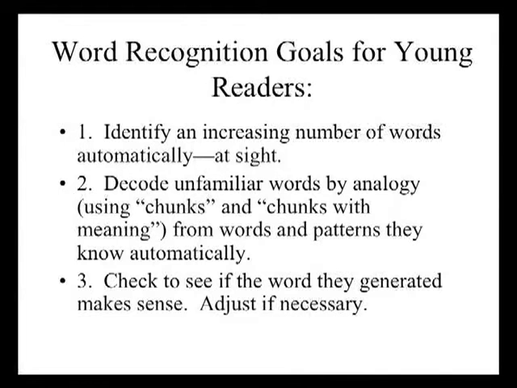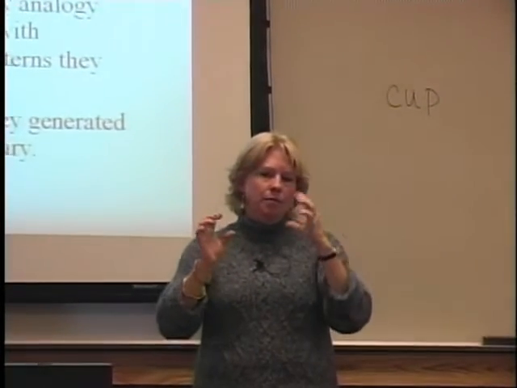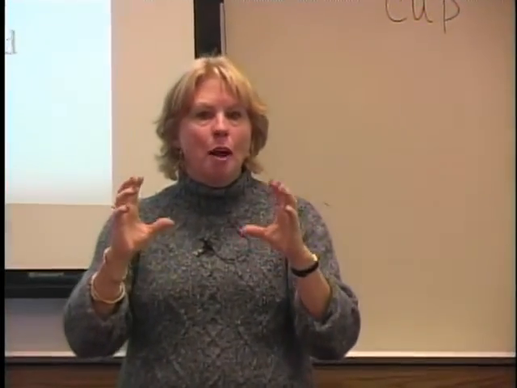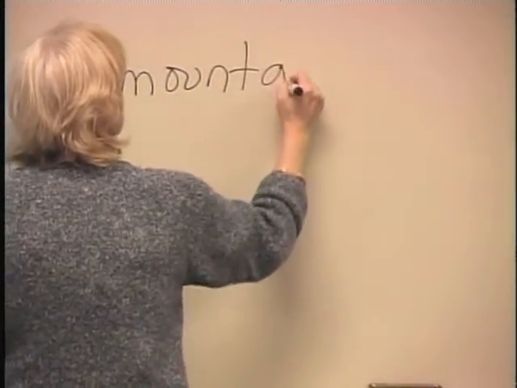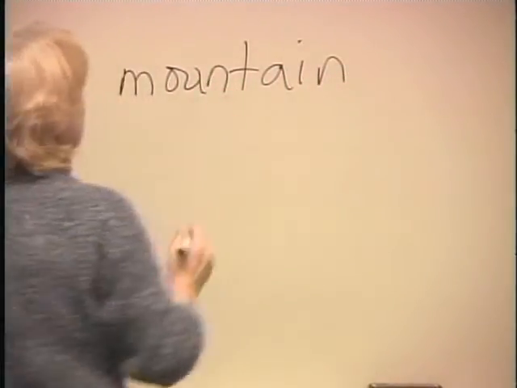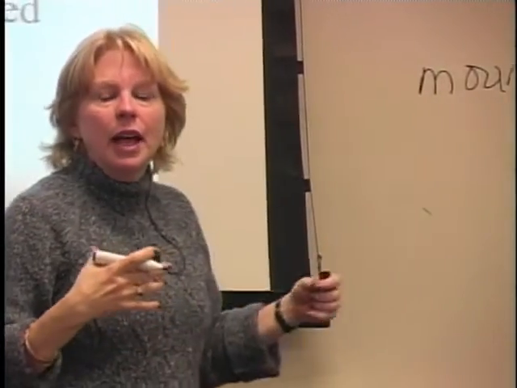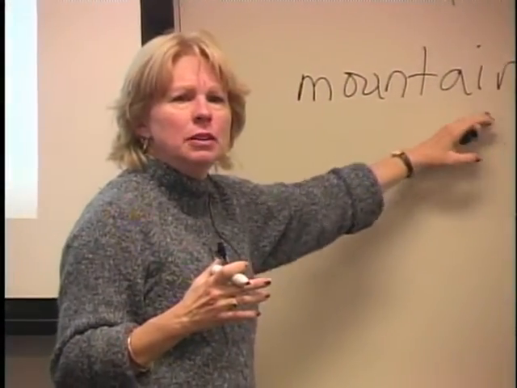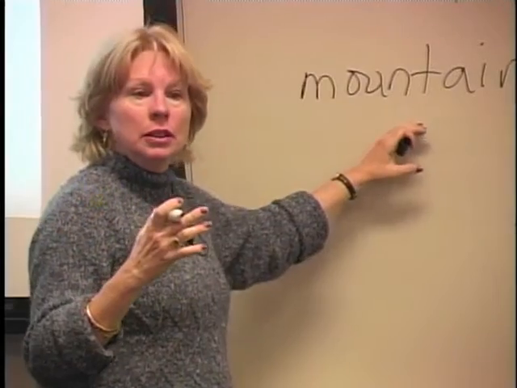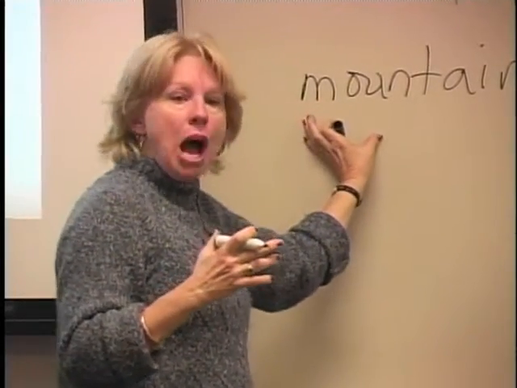You'll see this, for example, when a late first grade reader might look at the word mountain. They're reading along something like, "and so little bear climbed the," and they come to this and they say, "mountain, mountain, mountain." They chunk, mound.